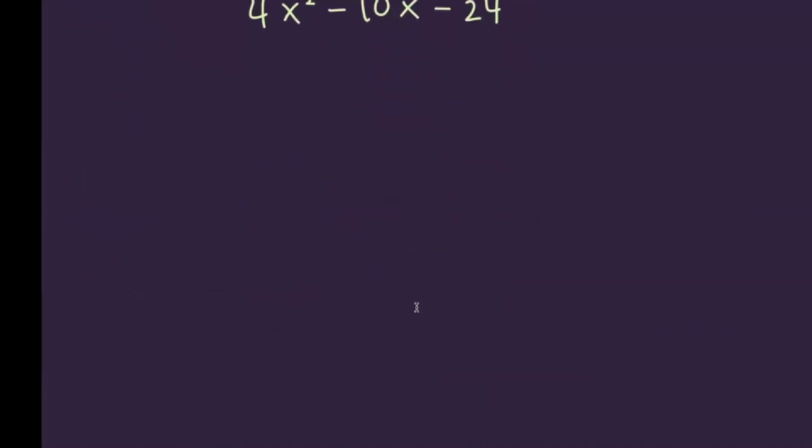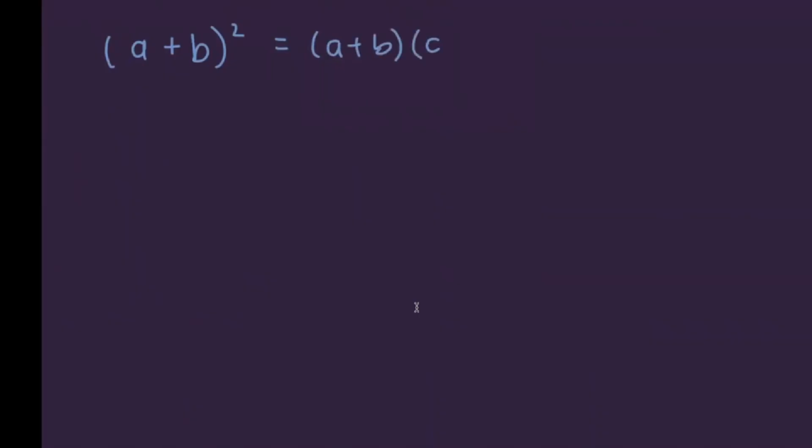Let's go over some important formulas to memorize. So first we have parentheses a plus b squared, that is basically a plus b times a plus b, and you will get a squared plus 2ab plus b squared.